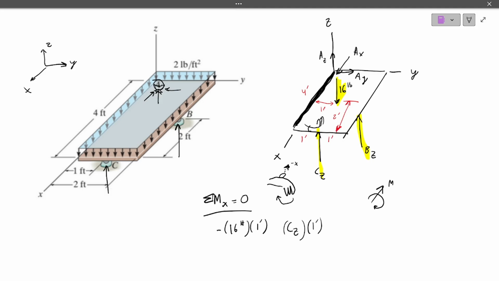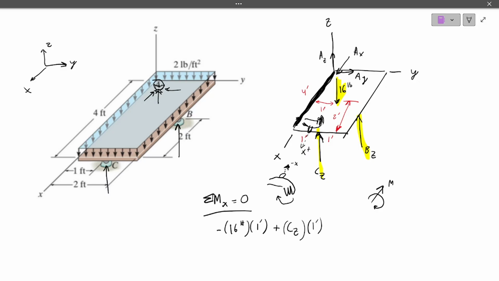I always start with my wrist or my elbow at the axis, then go outward towards the force. The force is the direction of my fingers pointing up. Then my thumb shows the direction of the moment, towards me. That's the positive x-axis, so this will be positive. So we'll do plus CZ times 1.